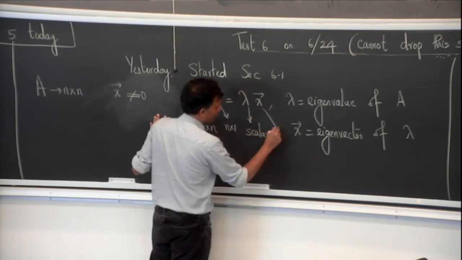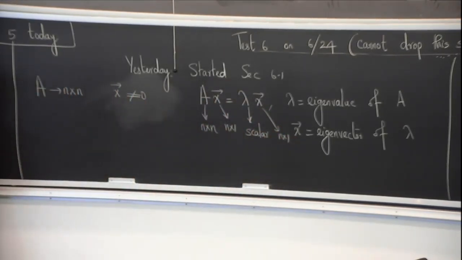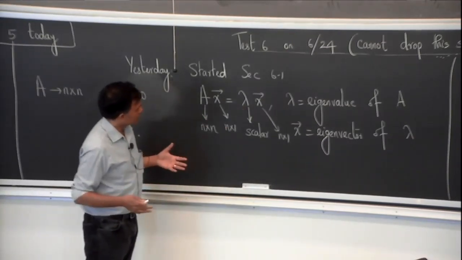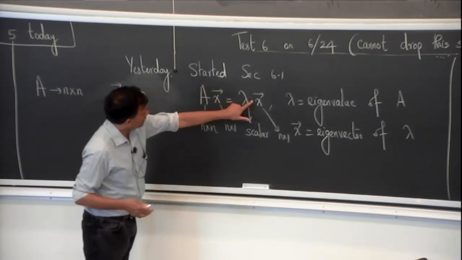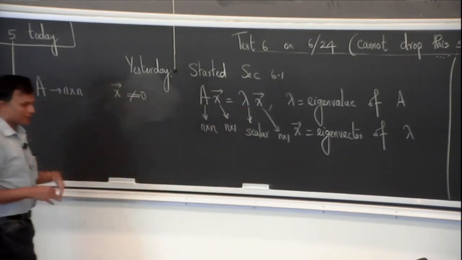And that's also an n by 1 vector. So right now there is a little bit of a mismatch between what we have on both sides of this equation. Okay, that's a matrix, that's a number. To make things more compatible, I'll multiply the identity matrix on the right hand side so that you have a matrix on both sides.